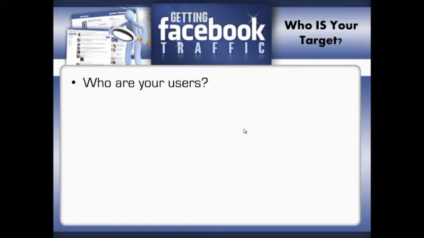Now, that doesn't mean other people don't buy your product. Yeah, sure they do. But when you think this is my target, this is my customer, you should try to have something in your mind, an actual individual, not necessarily a group of people. That individual might be a single mother.